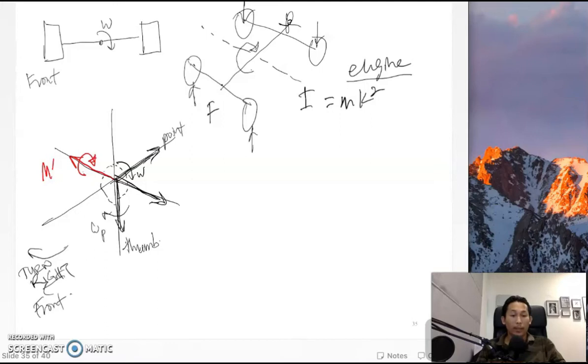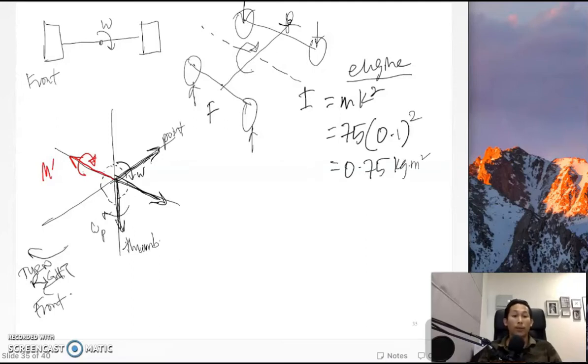It says that the total mass is 75 kilograms, and the radius of gyration is 100 mm, which is 0.1 meter. So we got the answer of 0.75 kg m squared. That is for our I.